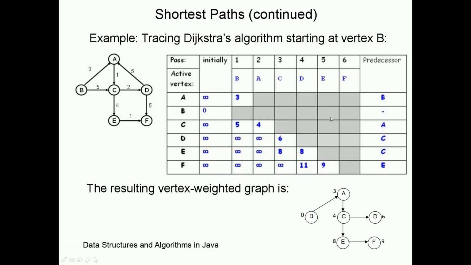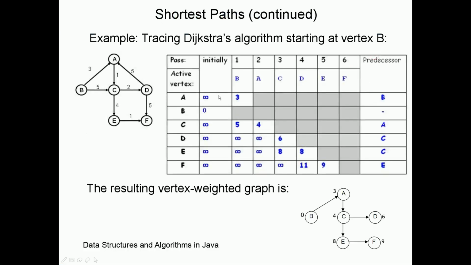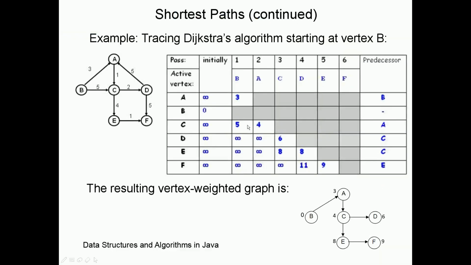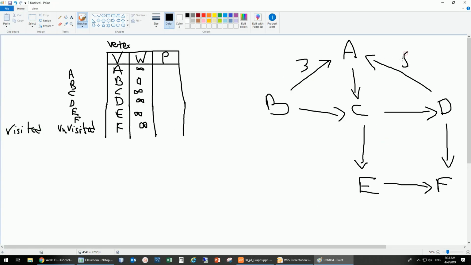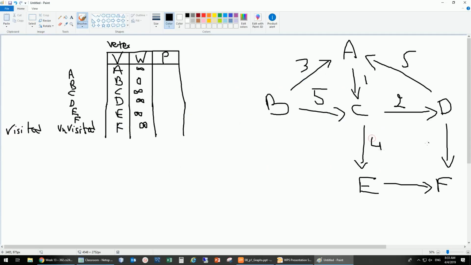And from B to C, so we have C, we have D, E, and F. So we have this, and A to C, D to A, and C to D, C to E, and D to F, and E to F. And we have the costs 5, 1, 2, 5, 5, 1, 2, 5. Just making sure that I'm not making any mistake. 4, 5, 1, 4, 5, and 1. Okay.